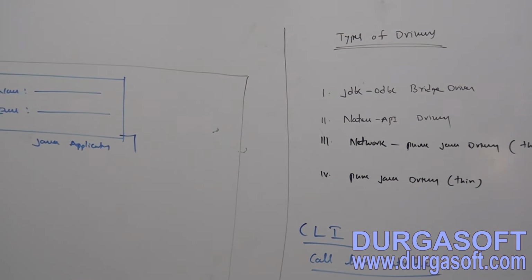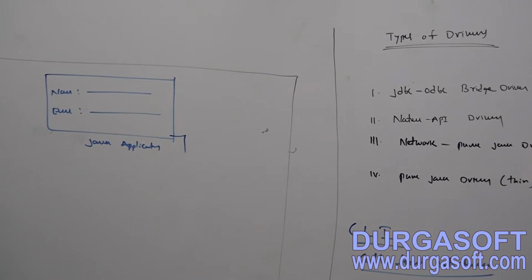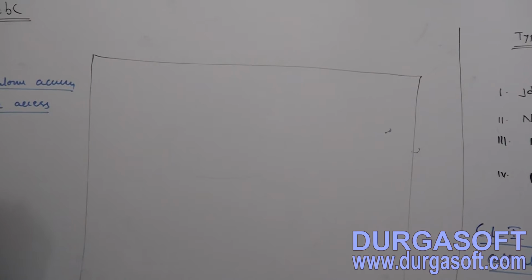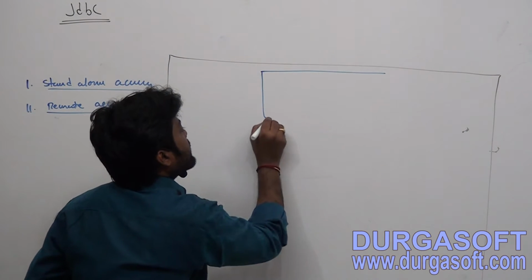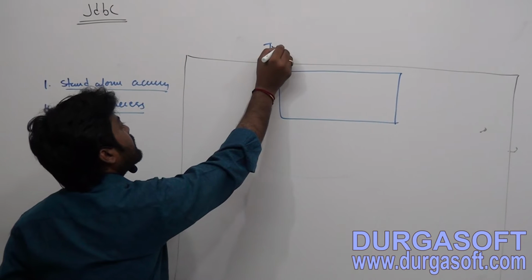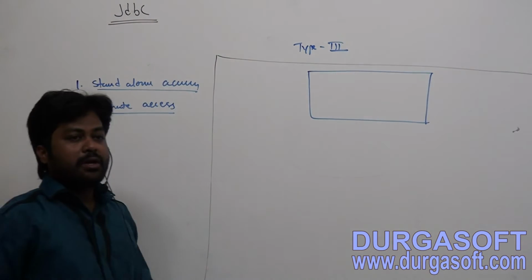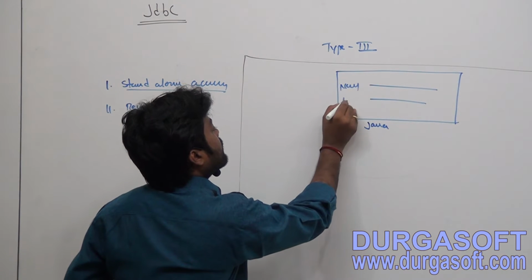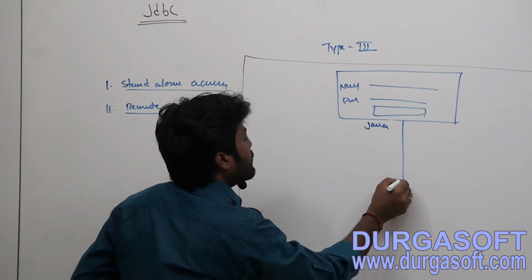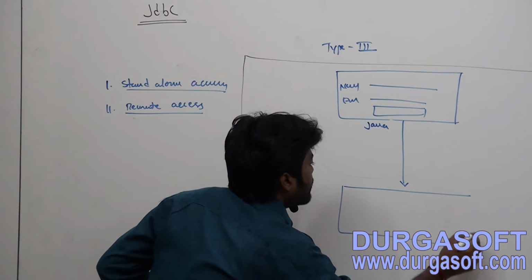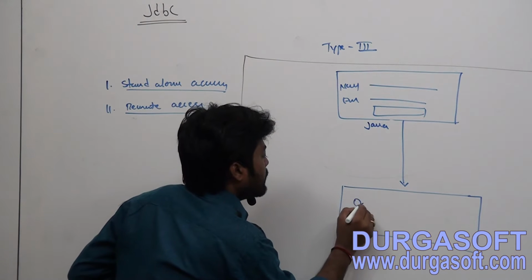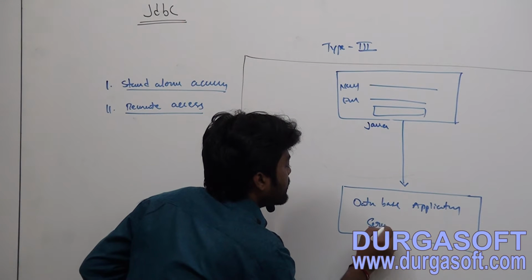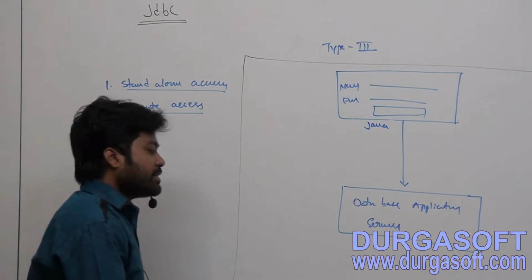Okay, so in case of type 3 driver, what happens here? When your Java application wants to talk with the database, if the driver is type 3, you need to call the database application server first.